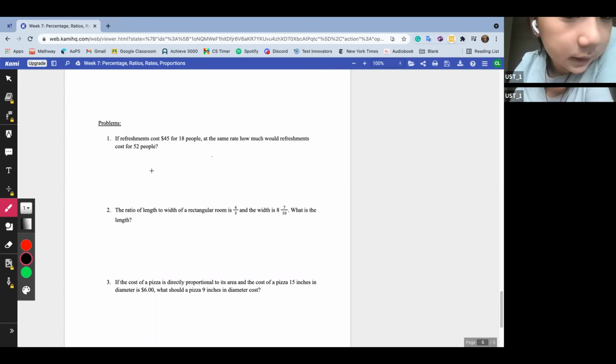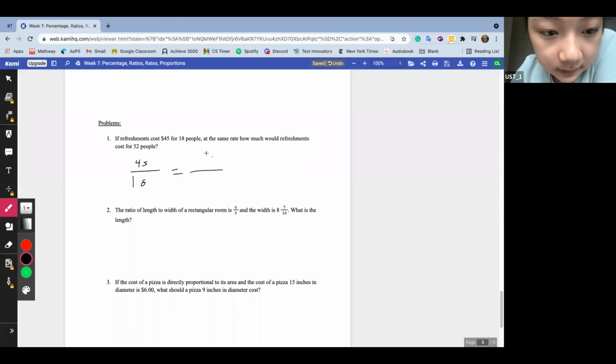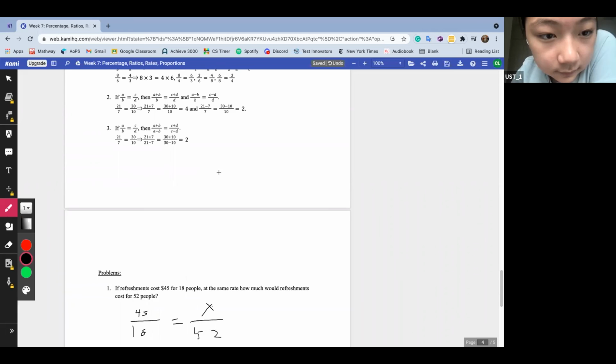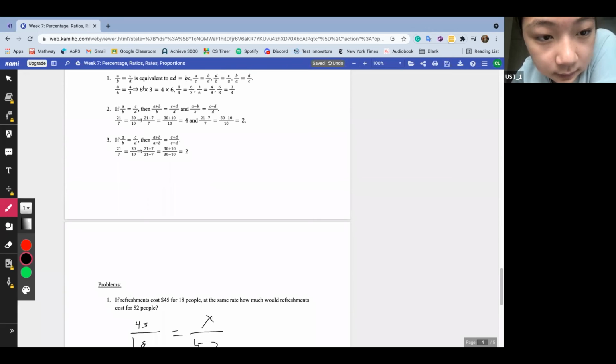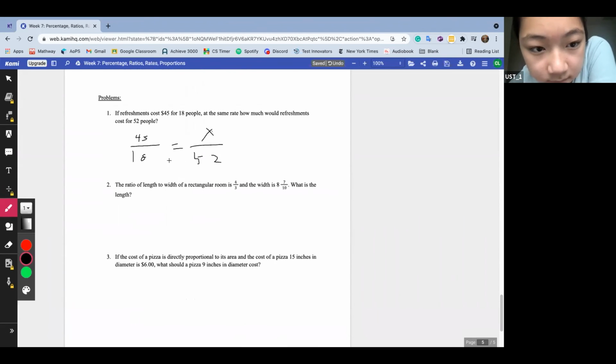So we're getting rid of proportion here. So the ratio of 45 over 18. X will be how much the refreshments would cost, so it would be X over 52. And from this, we see that A over B equals C over D. It means AD equals BC, just cross multiplication.